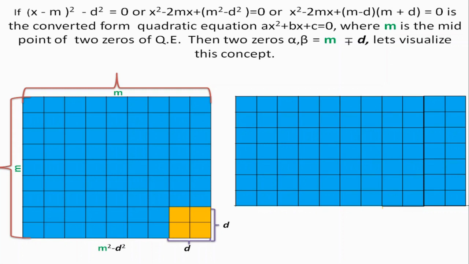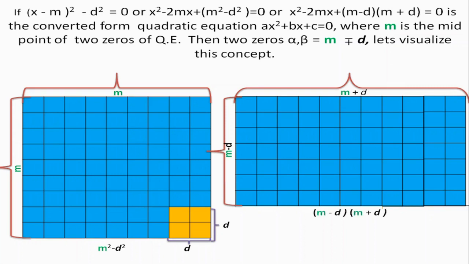So the new length becomes m plus d, and the breadth becomes m minus d. So these are the two zeros of the quadratic equation, m minus d and m plus d.